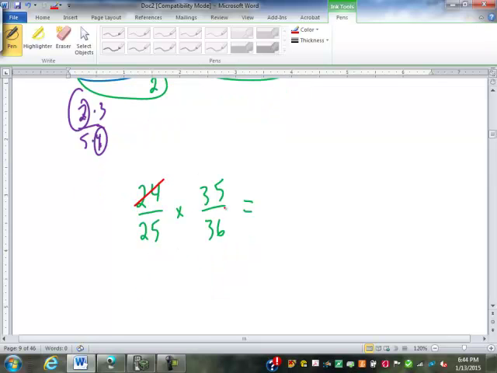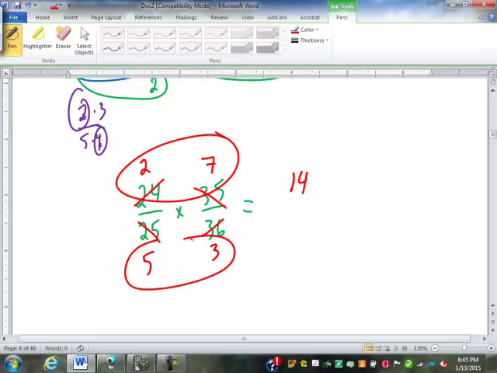I look at this, the 24 and the 36 can both be divided by 4, 6, and 12. Give us 2 and 3. 25 and 35 can be divided by 5 to give me 5 and 7. So now 2 times 7 is 14. 5 times 3 is 15. 840 over 900 would reduce to 14/15. It'd just take a little work.